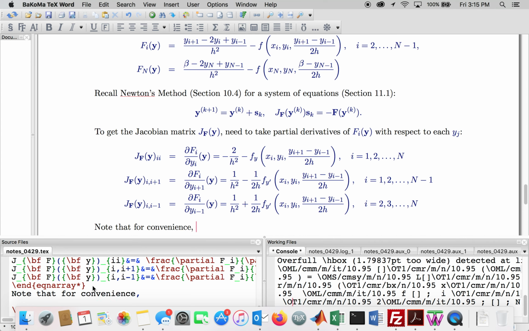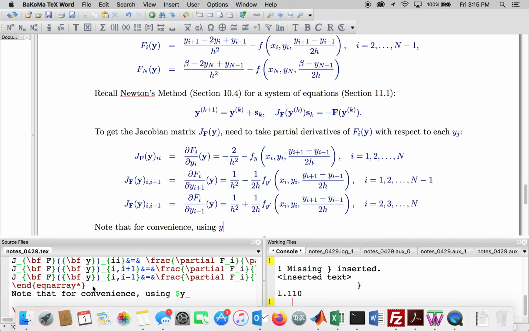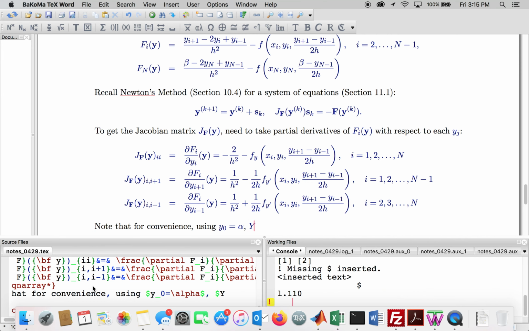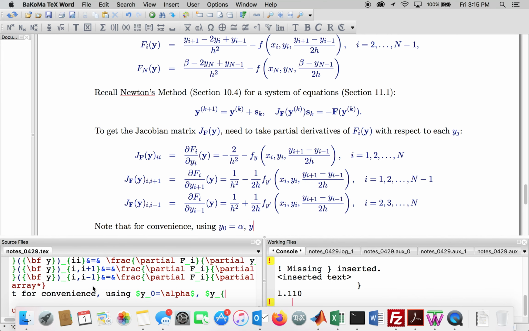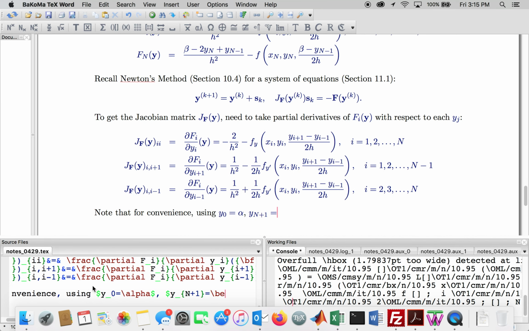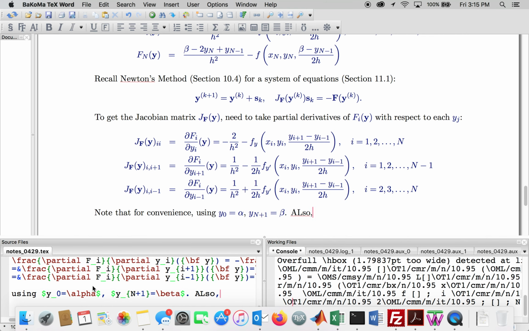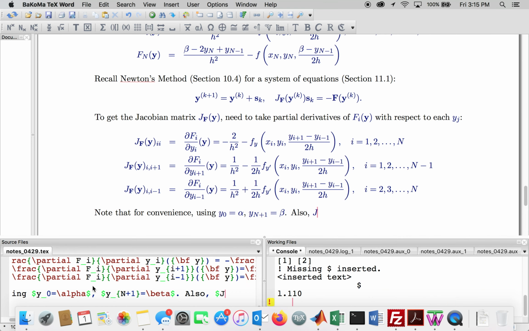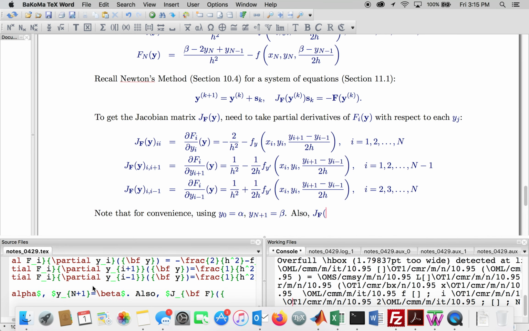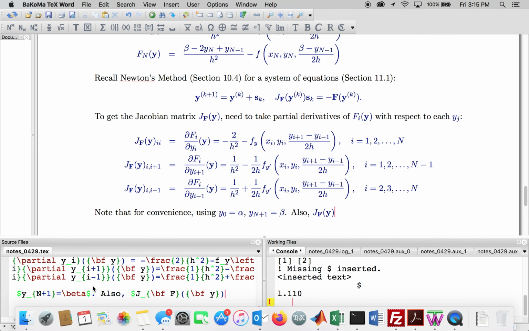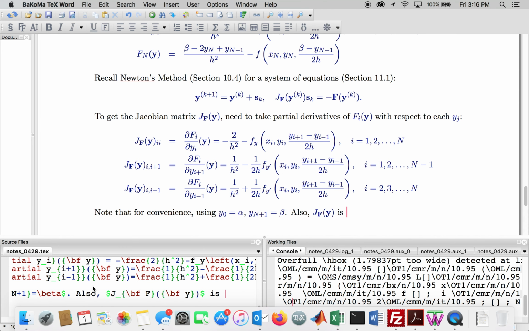Now these formulas, we rely on this notation for boundary points. So y naught, wherever that appears, is alpha, y n plus 1 is equal to beta. Also, as I mentioned, the Jacobian is tridiagonal.